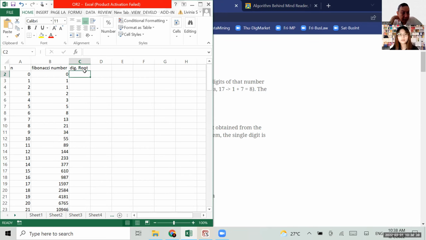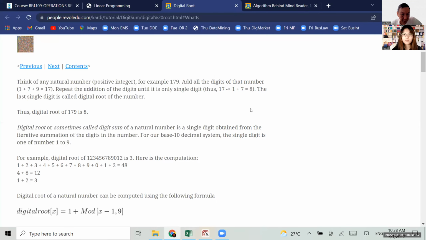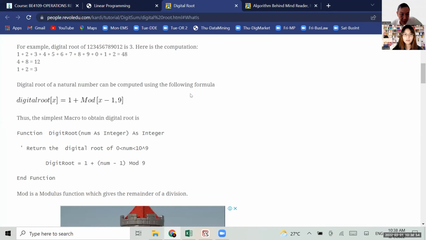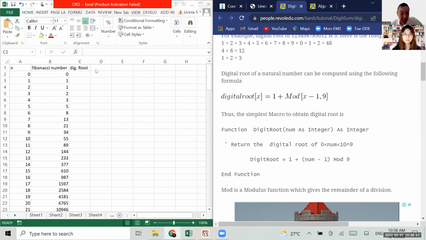Okay, so what is the formula? The formula is on the next page, right? This one: 1 plus mod of 9, x minus 1, comma 9.